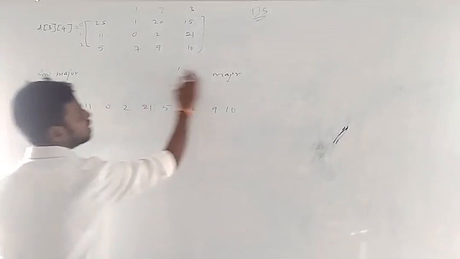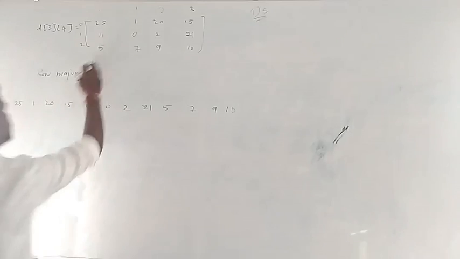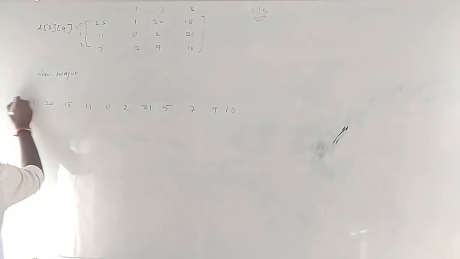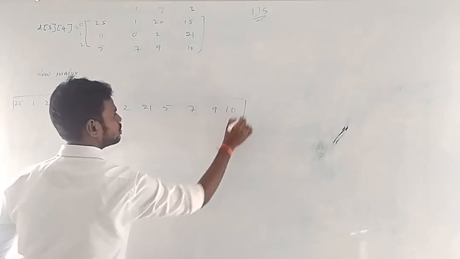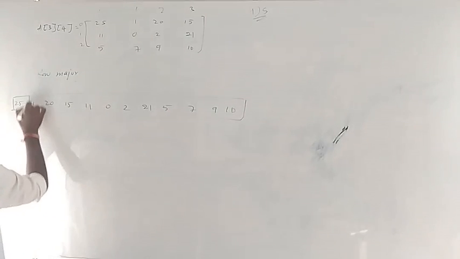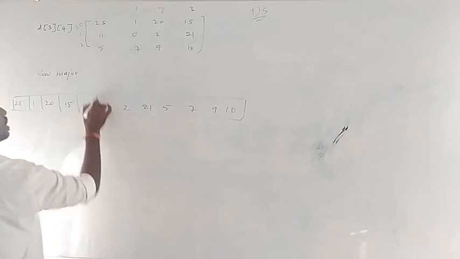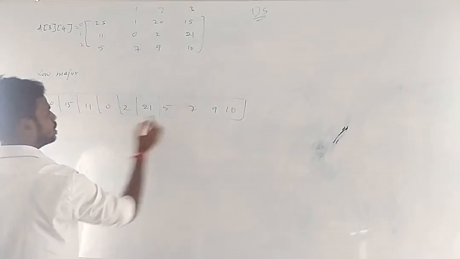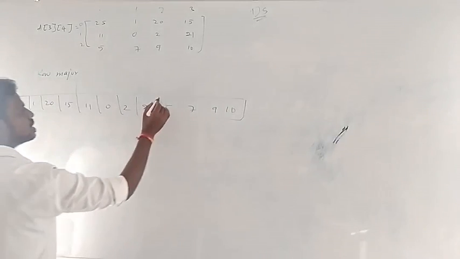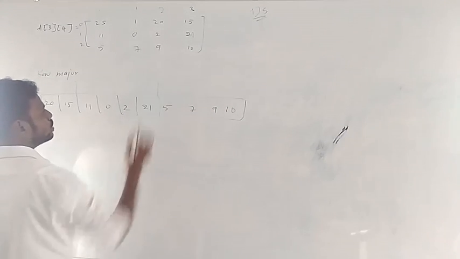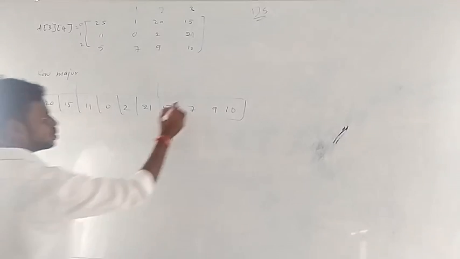Like this, one after the other, we store them in row major representation. This is the first row, this is the second row and this is the third row.